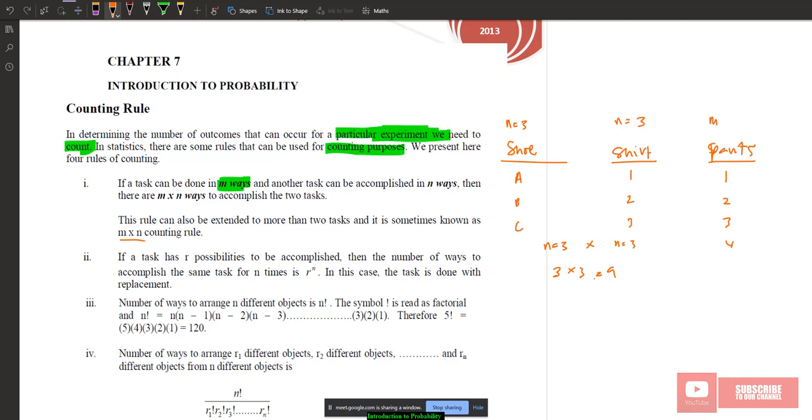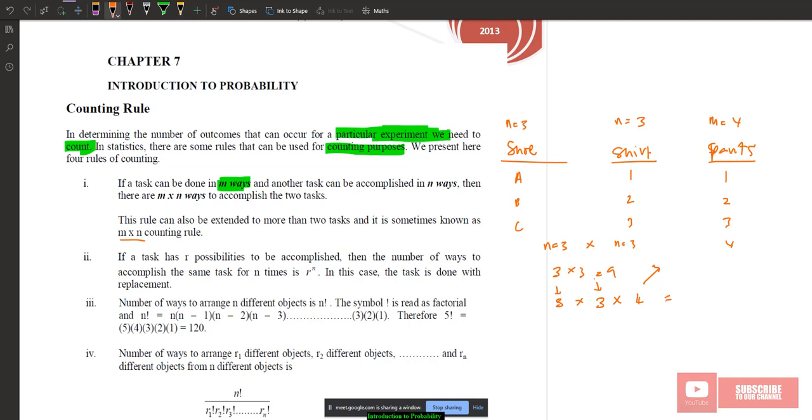Let's say this is m equal to 4. So if you want to know how many possible outcomes you have to choose between shoes, shirts, and pants, you just need to multiply 3 possible outcomes for shoes, multiplied by 3 possible outcomes for shirts, multiplied by 4 possible outcomes for pants, right?